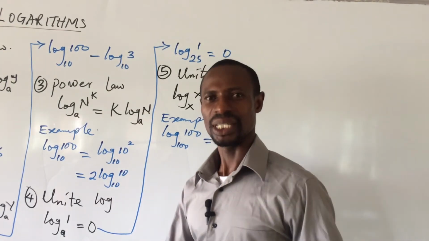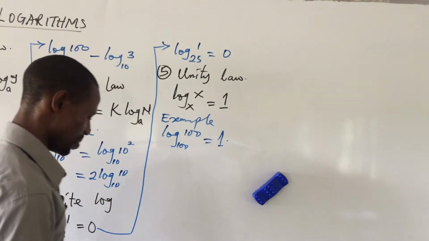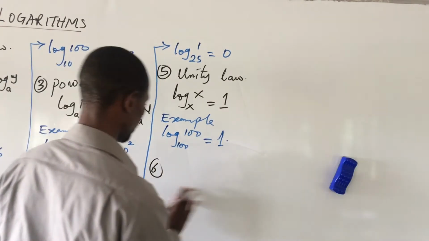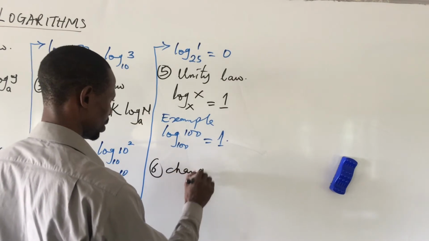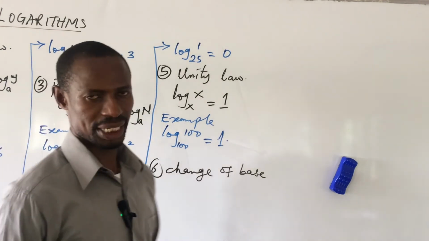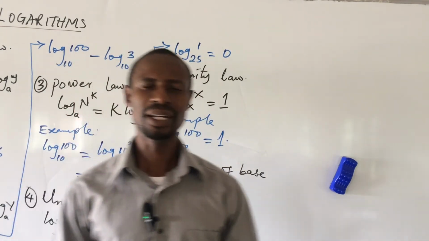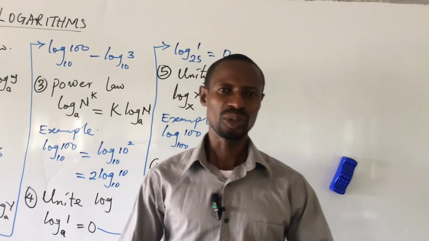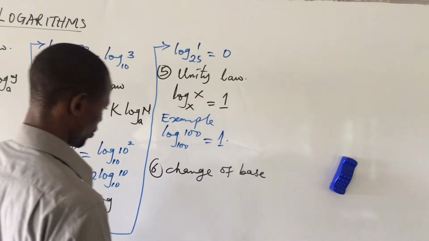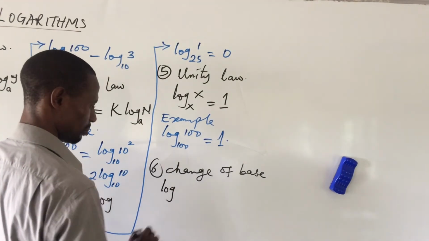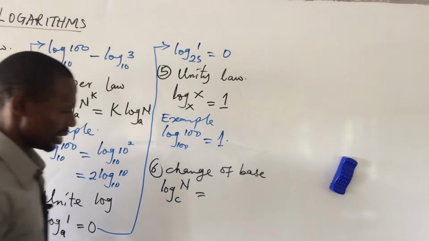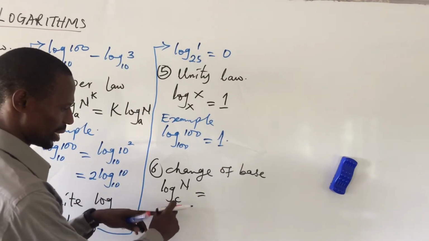That will lead us to another law, which I title law number 6. We have change of base. What does it say? It says that when you have a particular base and you are not okay with the base, then you can change the base. So if you have log n base c, it means that I can change this base.